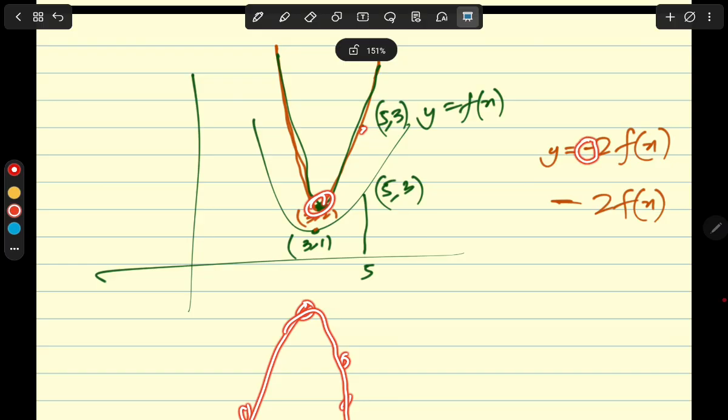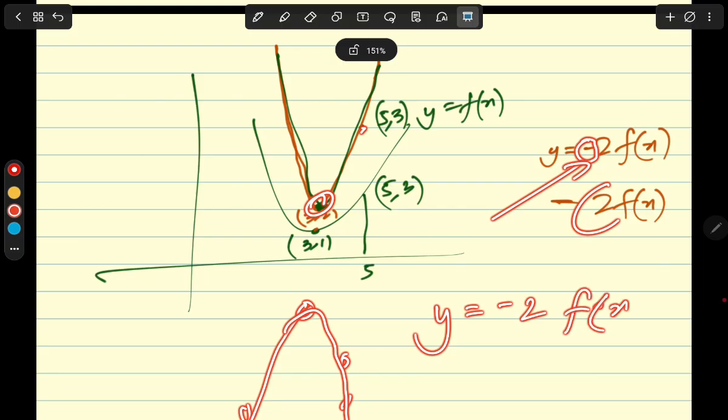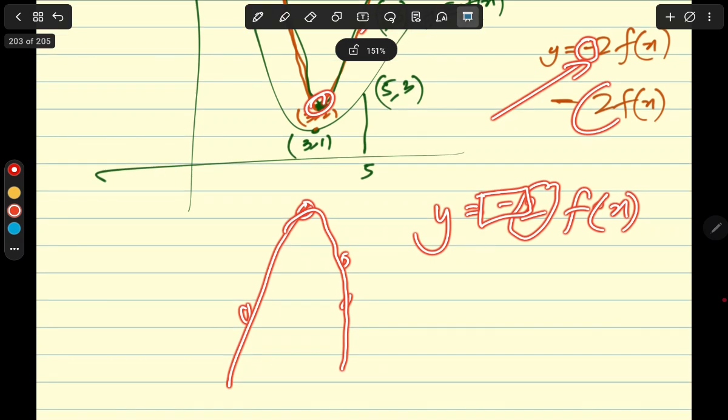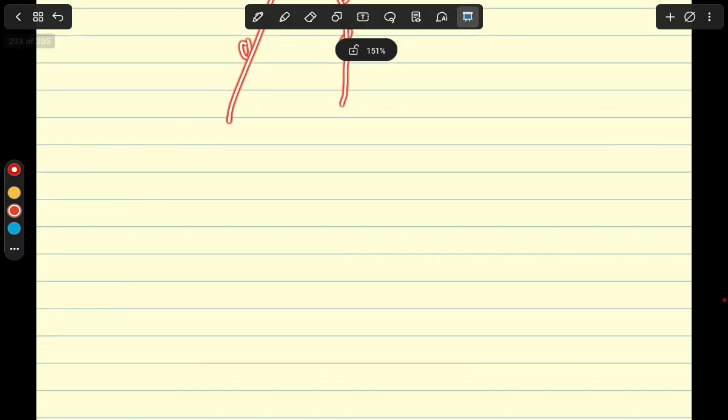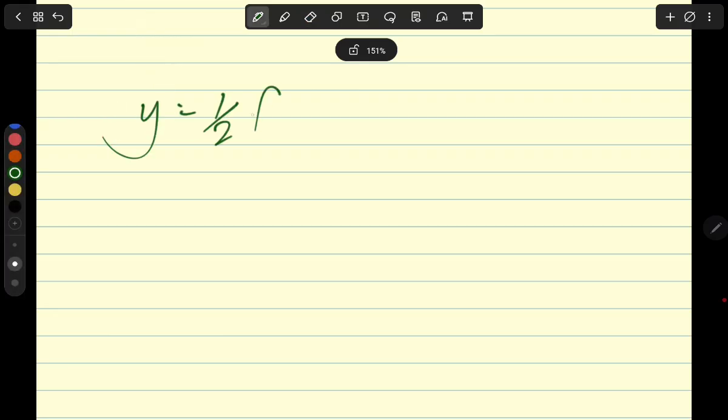So if y equals negative 2 f of x, it does two things. First, it stretches every y value by a factor of 2, and then it mirrors the entire stretched graph on the x-axis. Hopefully that's clear. Now, there is another case as well. What if you have y equals half of f of x?